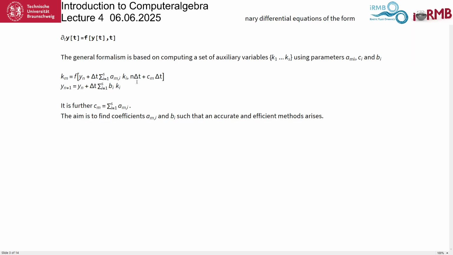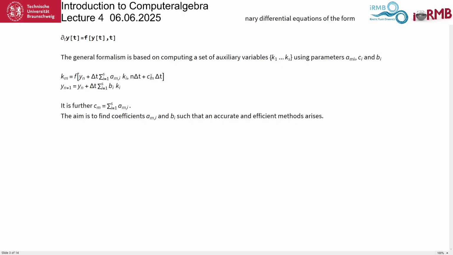And this also includes progression in time. So n delta t means, for the sake of simplicity, we assume that the time step is constant. It's not necessarily the case, but here it is assumed.